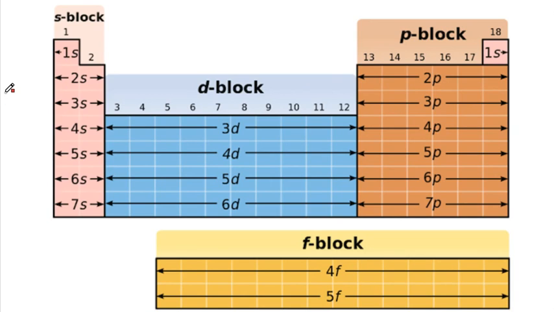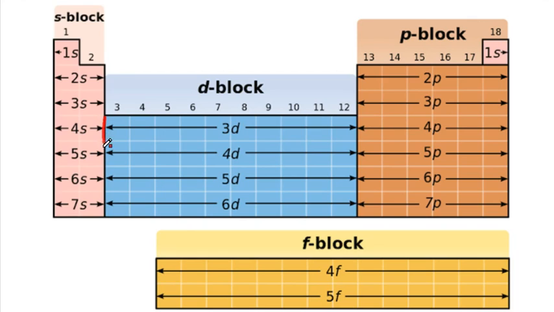For example, the 1s block is located on the first period. The 2s and 2p blocks are located on the second period. The 3s and the 3p blocks are located on the third period. And the 5s and the 5p blocks are located on the fifth period of the periodic table.